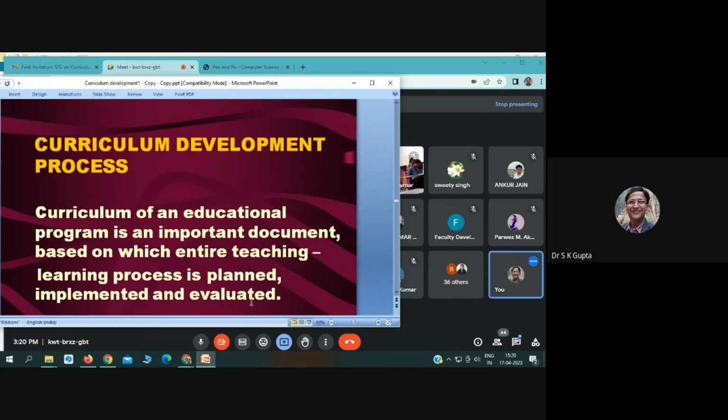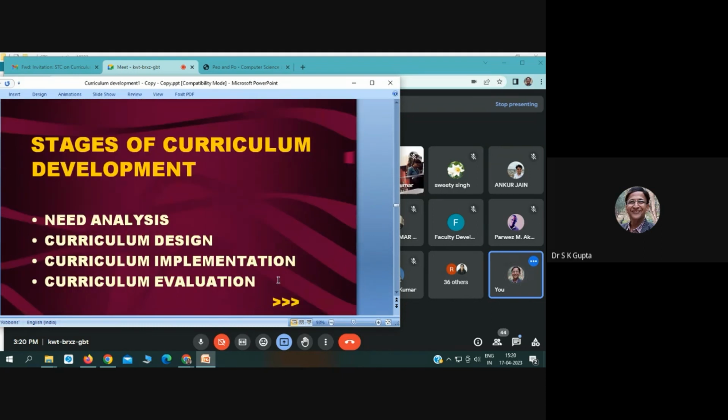So there is a process for curriculum development, and there are different stages of curriculum development. These are the 4 stages of curriculum development. First is your need analysis stage. Second is your curriculum design stage.